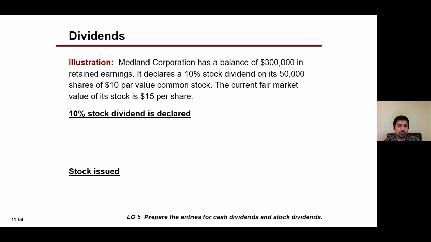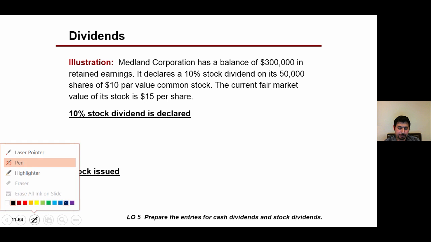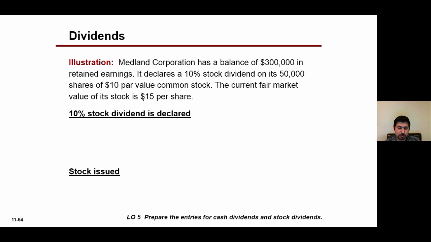Now, when the company issues stock dividends, we need to see whether this is a small stock dividend or a large stock dividend. So if it's a small stock dividend, the company will be using the fair market value to record the transaction. So basically here we'll use $15.